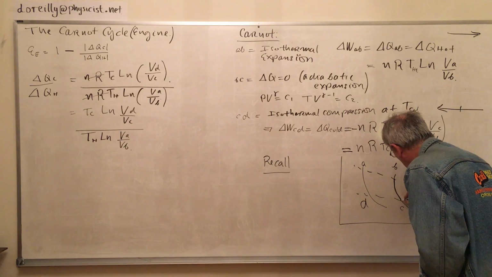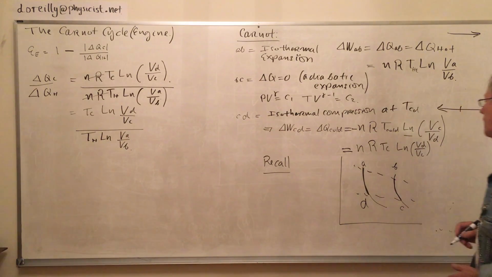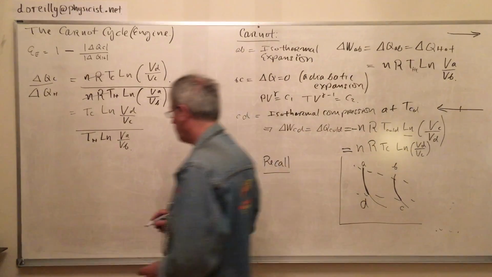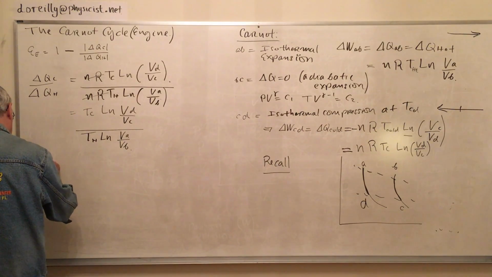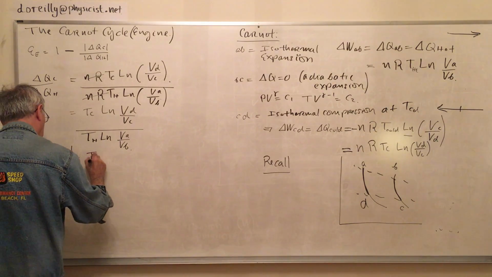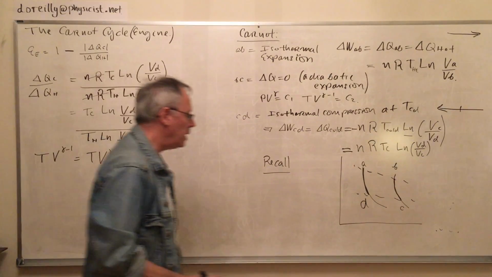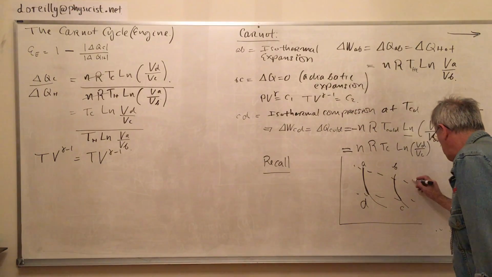Along this adiabat here, a certain thing is a constant, and along this adiabat here, a certain thing is a constant. And what are they? Well, let's go for this adiabat first. This is T hot.